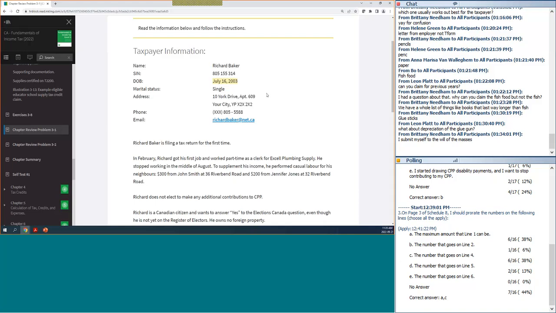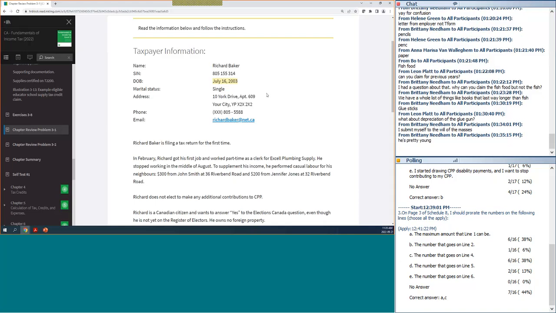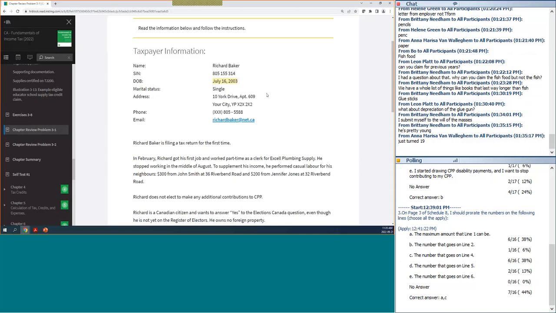What is really important to notice about Richard? 2003, it's 2021. We're doing the 2021 tax year. How old was he at the beginning of the 2021 tax year versus how old he was at the end of the 2021 tax year?